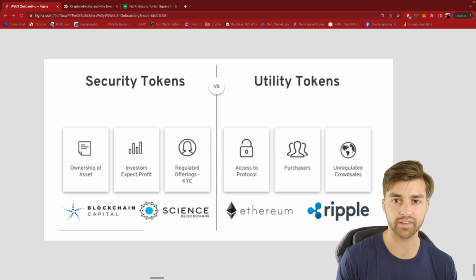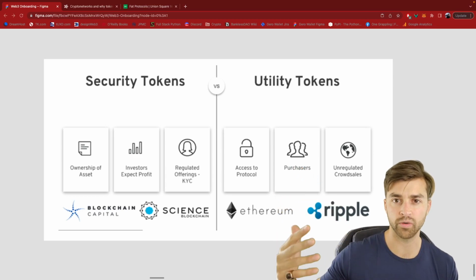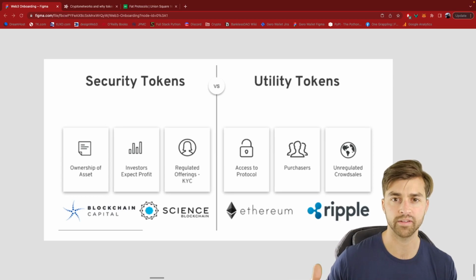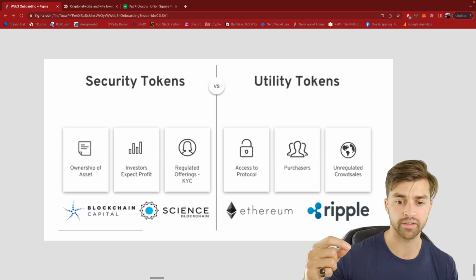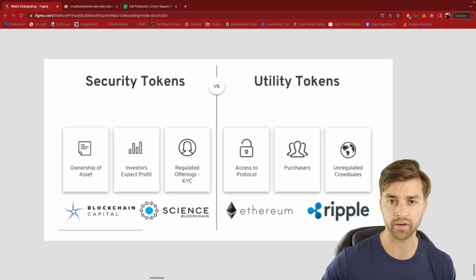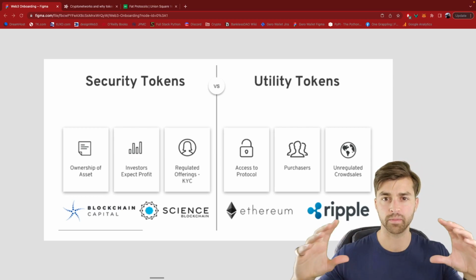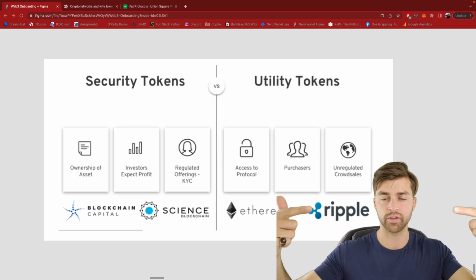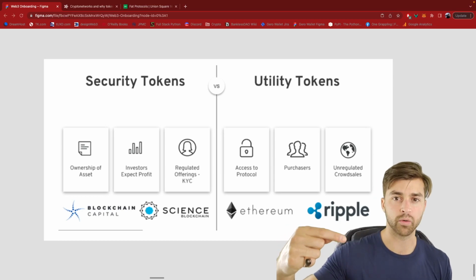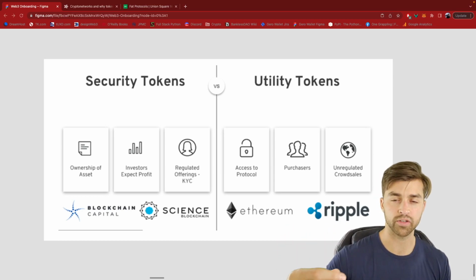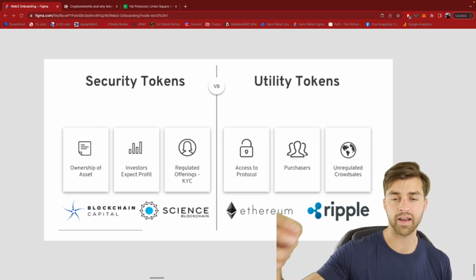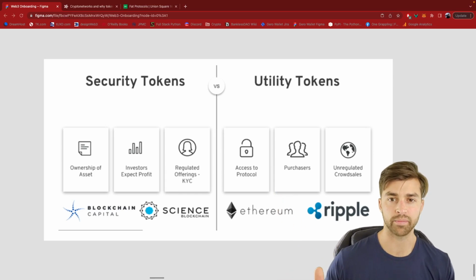So a really good example of a utility token is what we talked about before and many times in this series. It is the native token of a crypto network. So let's take the Ethereum crypto network, which has the native token Ether, and in order to use this network, in order to use decentralized applications on it, users have to pay an Ether network fee to access those applications.